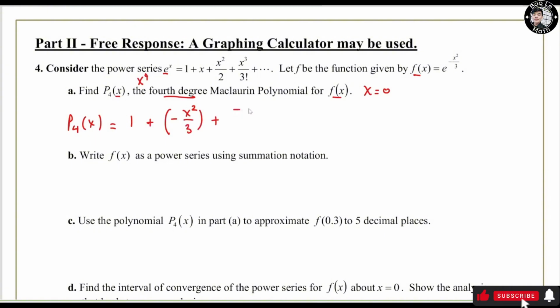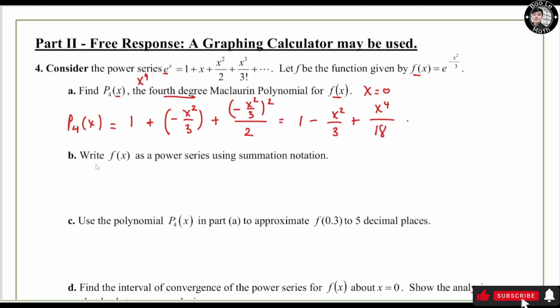Plus negative s squared over 3 altogether squared over 2, right? We're going to stop right here because if you take s squared and then you square, it's going to be s to the 4, right? So we simplify this one. It's going to be 1 minus s squared over 3 plus s to the 4 over 3 squared equals 9, 9 times 2 equals 18, right?